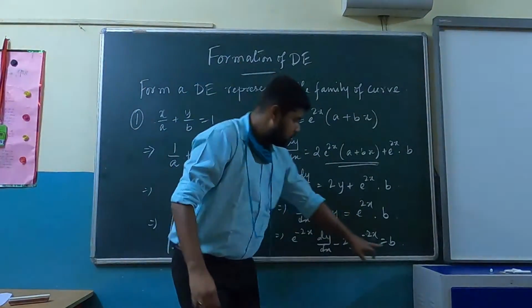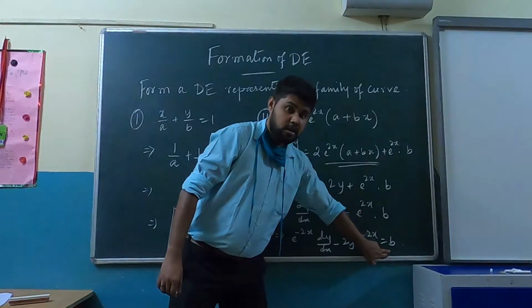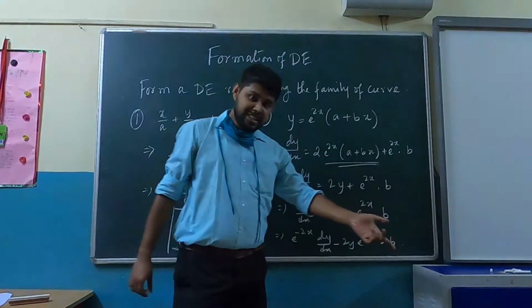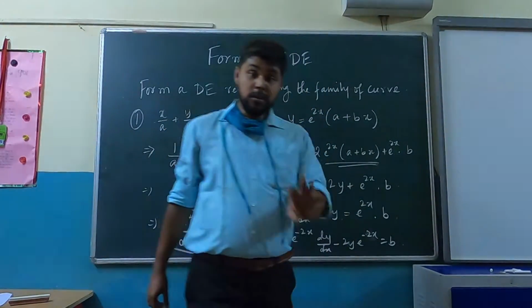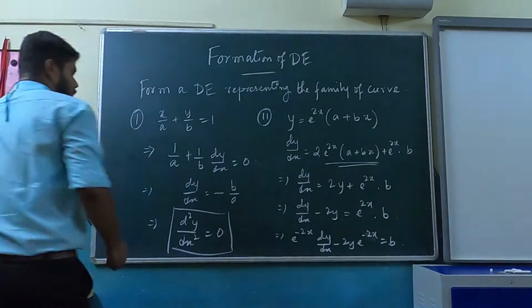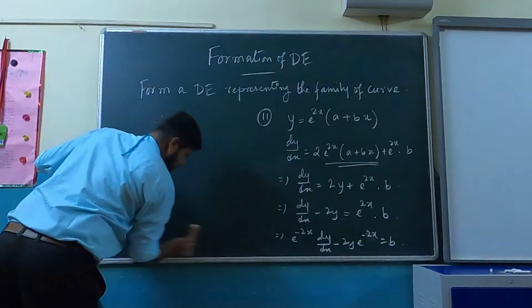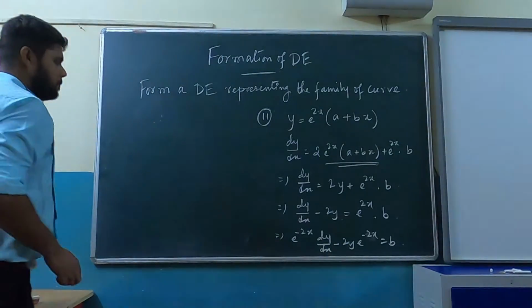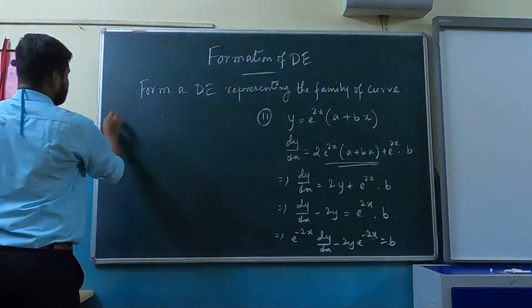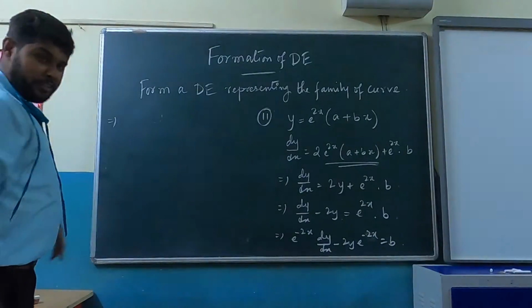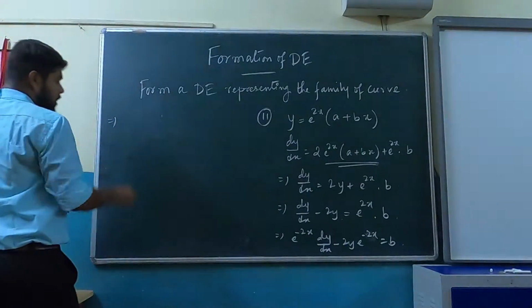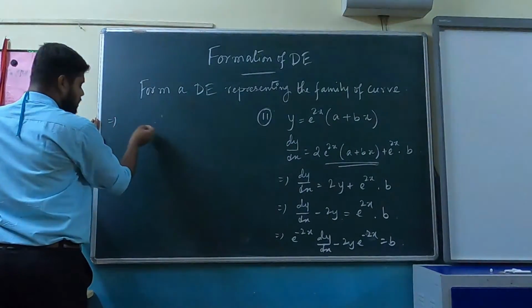I have left out this constant y because after another derivative this constant will become 0. So let us do the derivative once again. So e to the power minus 2x, if I take common.